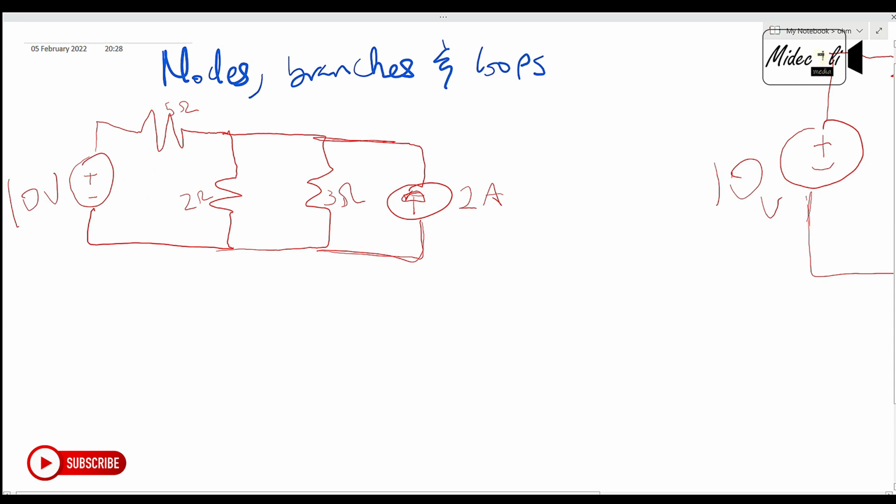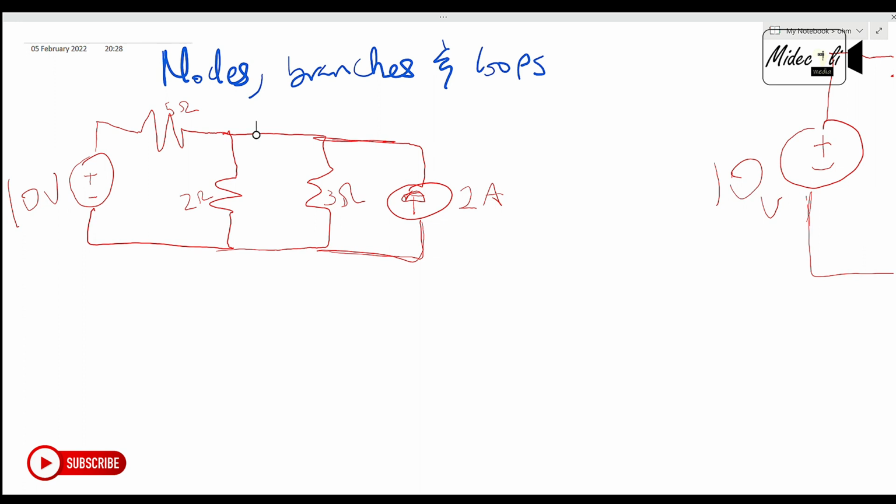And remember we said a node is the point of connection between two or more elements. These are elements. So let's begin by picking out the nodes and the elements in this circuit.